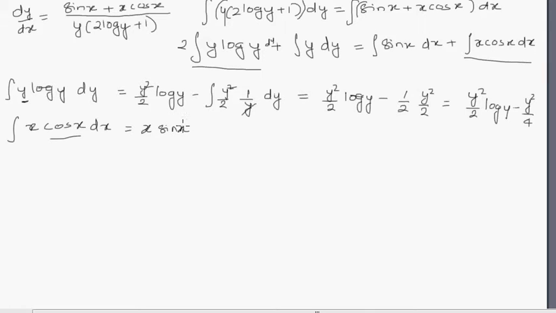Now the question is, how do you decide which one to integrate and which one to leave alone? The part that we do not integrate at first is the part that gets differentiated later.